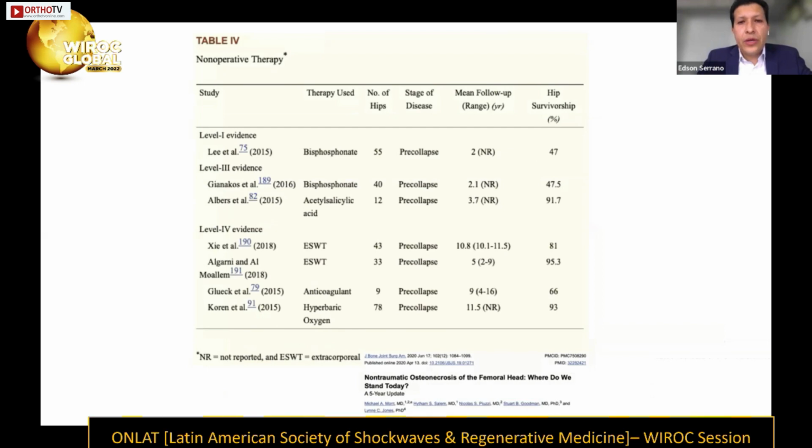Extracorporeal shockwave treatment: you can see in this article published by C et al. and Algarni, hip survival on the right side of 81 to 95% in pre-collapse. All of these non-operative treatments are indicated in the pre-collapse stage.